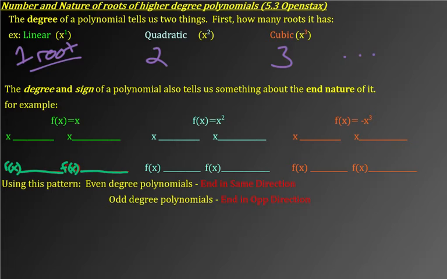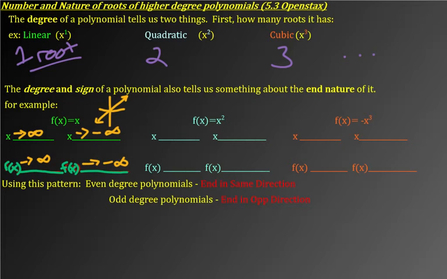For these ones, you might want to think about a picture. If you think of y equals x, as x goes out to infinity, you should notice that the function value is also going out to infinity. And as x goes out to negative infinity, the function value will also go to negative infinity.